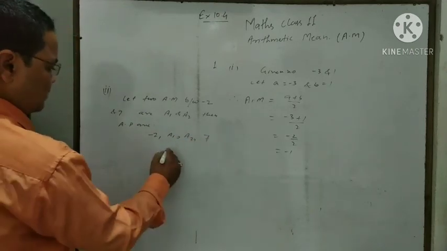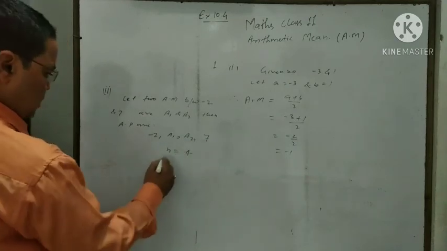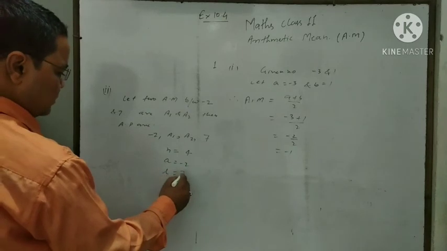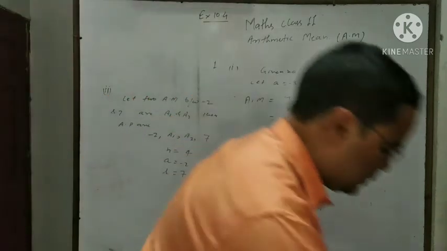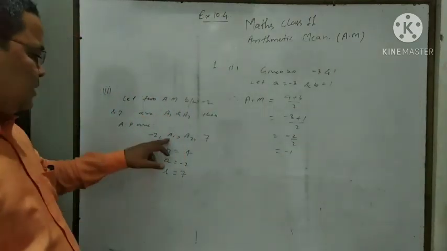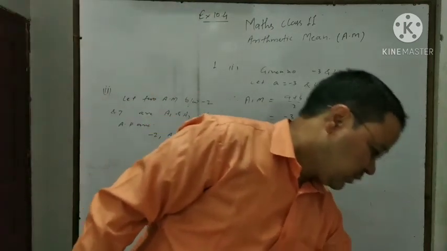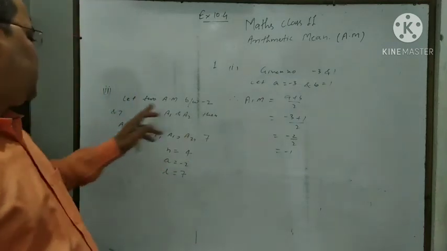Here the total number of terms n is equal to how much? 1, 2, 3, 4. 4 terms. The first term a is equal to -2 and the last term l is equal to 7. What do we want to find? We want to find the second term a1 and a2, because the question is to insert two arithmetic means between -2 and 7.